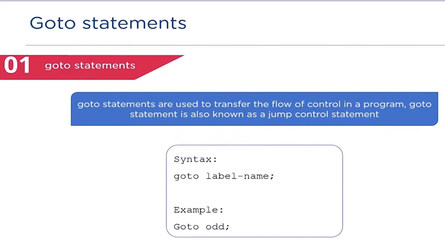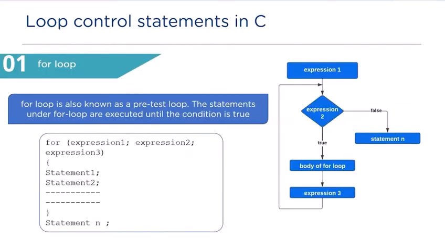Next, loop control statements in C, which are of three types: for loop, while loop, do while loop. First one we will go with is the for loop. A for loop is also known as a pre-test loop. The statements under the for loop are executed until the condition is true, with expression 1, expression 2, expression 3.